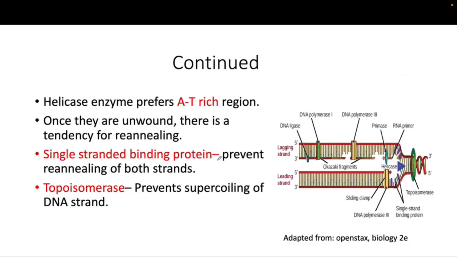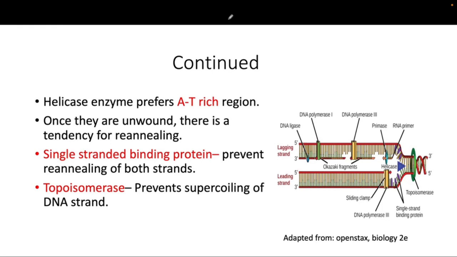Okay, again, remember I also mentioned in the DNA structure video about the base pairing, that adenine and thymine are base paired via two hydrogen bonds, whereas guanine and cytosine are base paired with each other via three hydrogen bonds. And it is obvious that breaking two hydrogen bonds is relatively easier and costs relatively less ATP than three bonds.